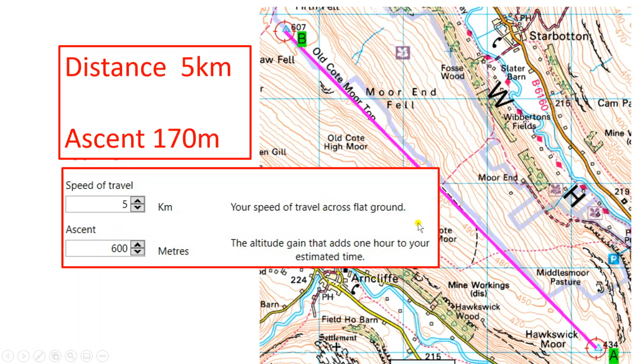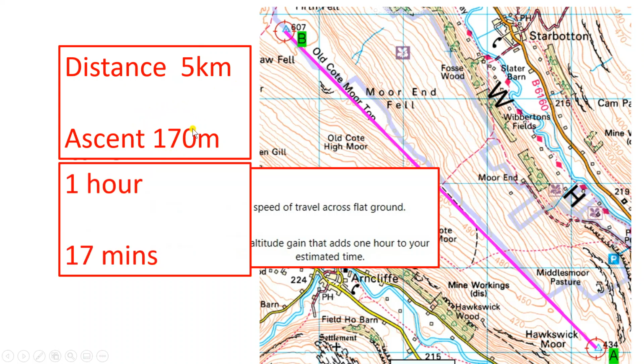Now in this case, quite convenient, going 5 kilometres and we're going uphill 170 metres. So if we knock a 0 off the 170, it's going to give us 17 minutes. So 1 hour for the distance plus 17 minutes for the ascent will give us an hour and 17 minutes.